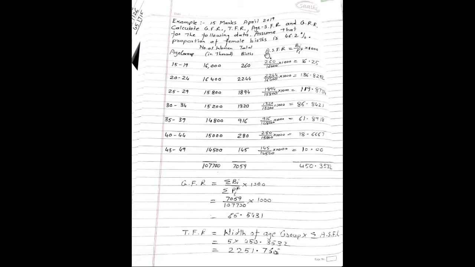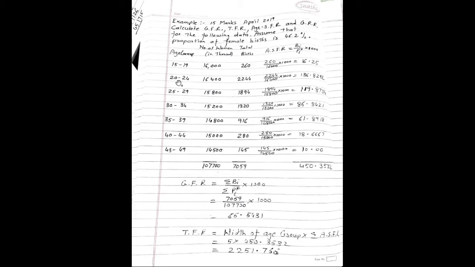Now we will find ASFR calculations as BI upon PIF into 1000. So age group 15 to 19, PIF value is 16,000, BI value is 260. So 260 upon 16,000 into 1000. So the answer is 16.25.